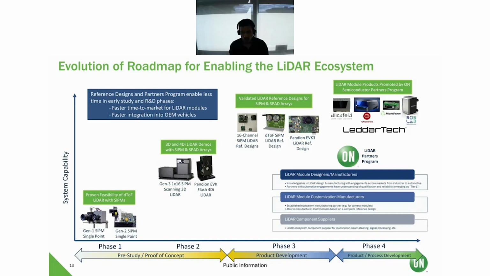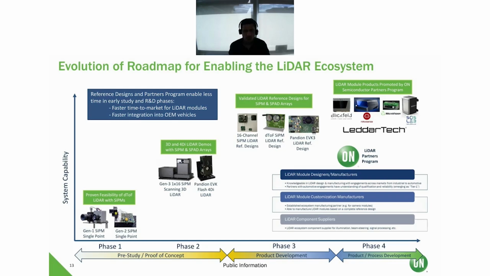And what we started to do more and more after showing the capabilities is to build these reference designs which would be able to be leveraged by customers. And that's what you see in what we call phase 3. And what that all builds up to is this ecosystem of partners that we've brought together in our LiDAR Partners program.